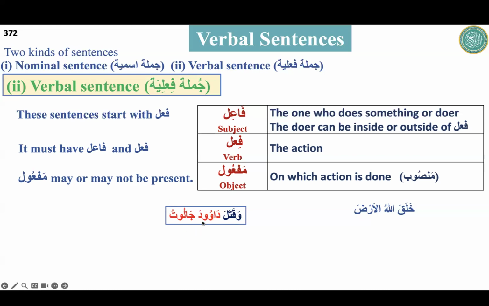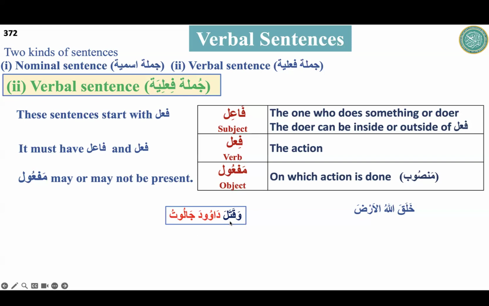And Dawood is the object. So qatala is a verb. Qatala means? Qatala is not a fa'il. It is fi'l, verb. Khalaqa, all fi'l madi, mudare, these are the fi'l, verb.